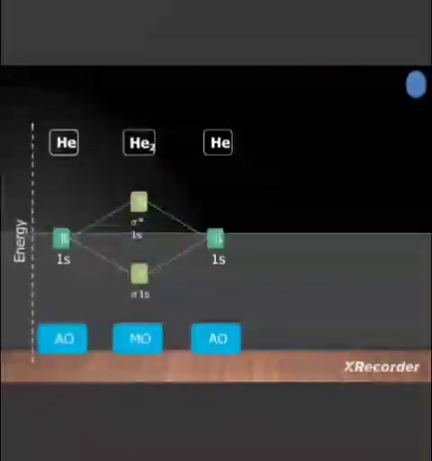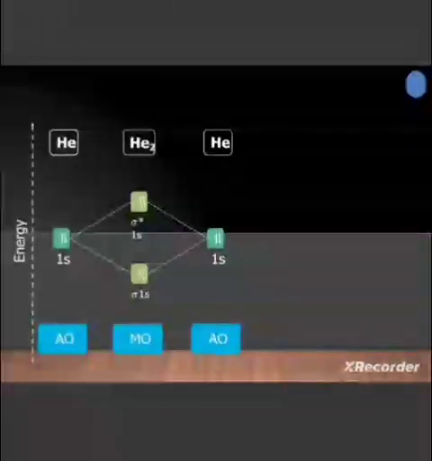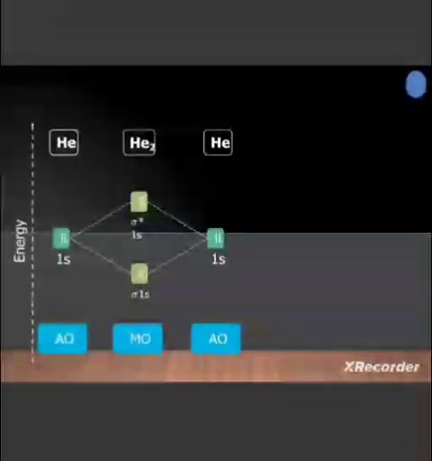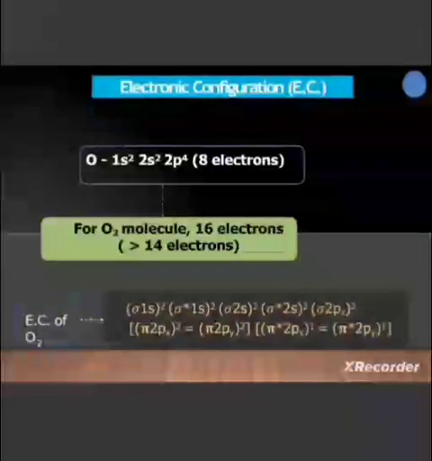In the helium molecule, the electronic configuration is 1s2. Each helium atom contains 2 electrons. So, in He2 there would be 4 electrons. These electrons will be accommodated in sigma 1s and sigma star 1s, and the configuration will be sigma 1s2 and sigma star 1s2. These are the pictures of the molecular orbitals of the helium molecule.